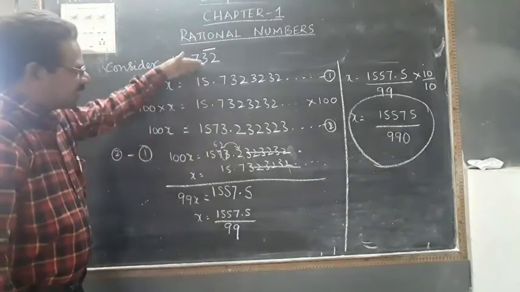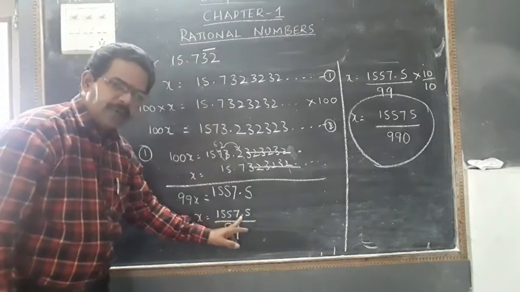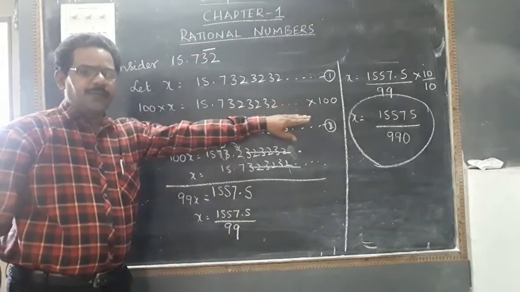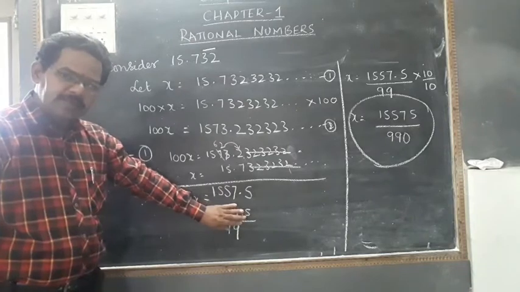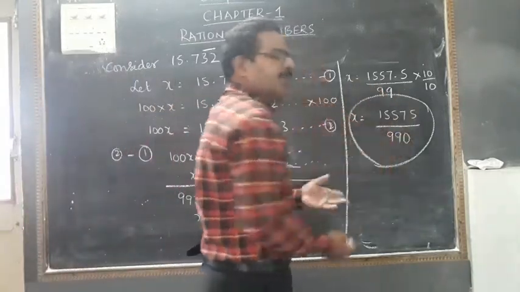While doing this type of sum, if any decimal points are there, we also have to convert them into P by Q form. Here we got one decimal point, which means it is again in decimal form. That decimal form should be converted into rational form, P by Q form.